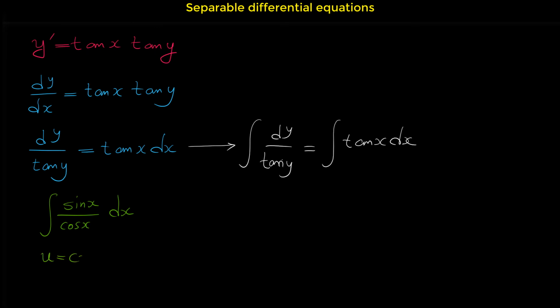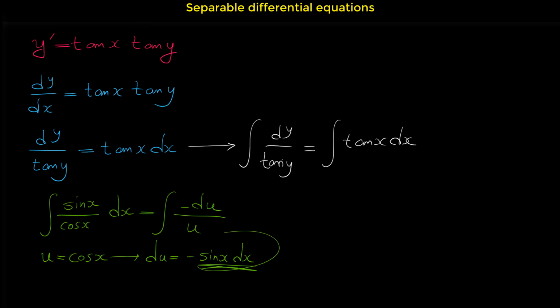If we choose u to be cosine of x, du is negative sine of x dx, which we have here in the numerator. If we substitute the integral in terms of u, the denominator is u and the numerator is actually negative du. Note that negative sine of x dx is du, so sine of x dx is negative du.